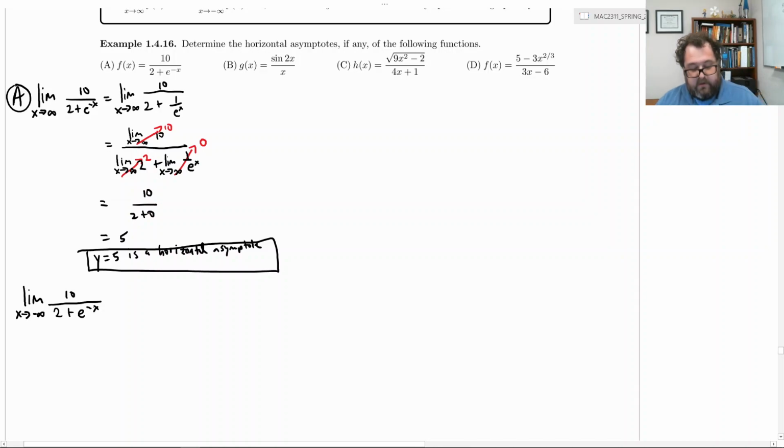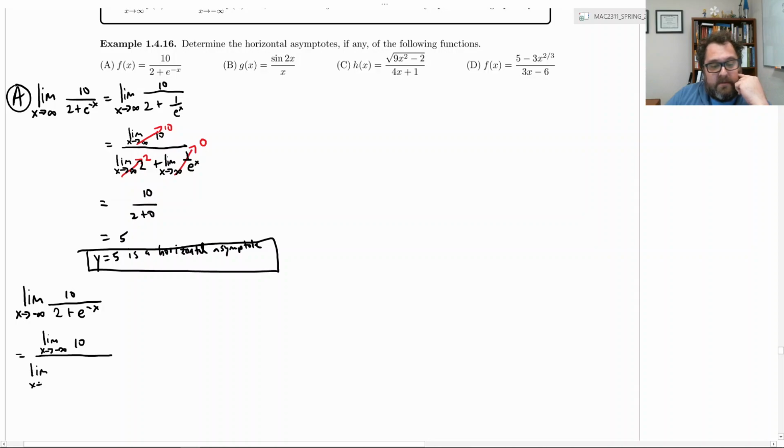Okay? Now, on this one, I don't think I'm going to rewrite it. Why? Because if we take the limits individually, we get a quotient: the limit as x approaches negative infinity of 10, and then we apply the sum rule again.